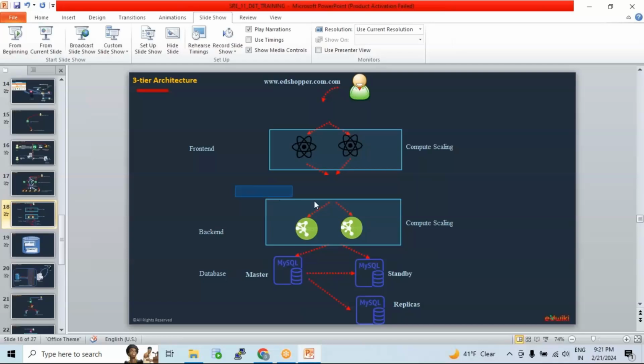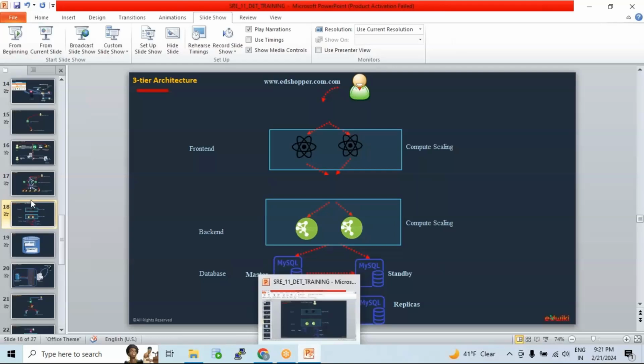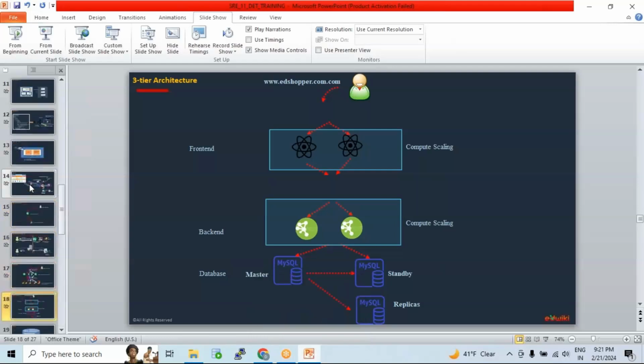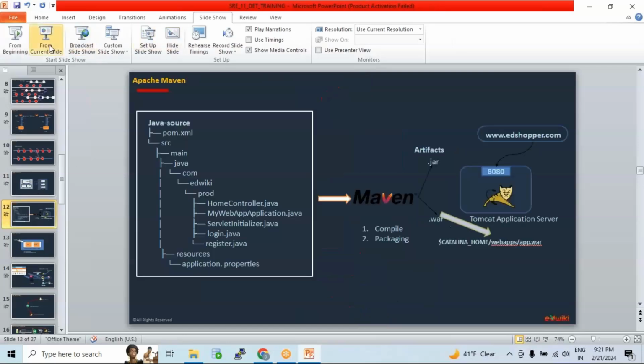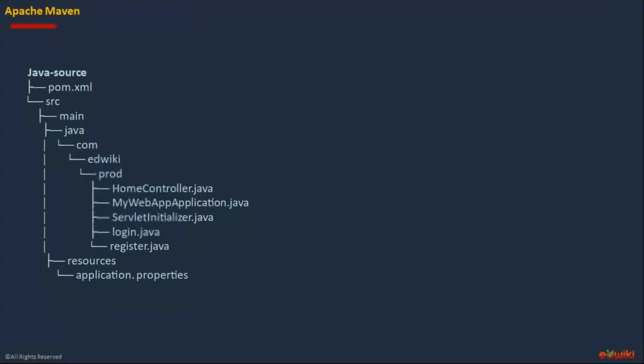So here for the backend, I'm going to use the Spring Boot application. Just think of it like a Java application for now. Whenever the developer is writing the Java code, right?